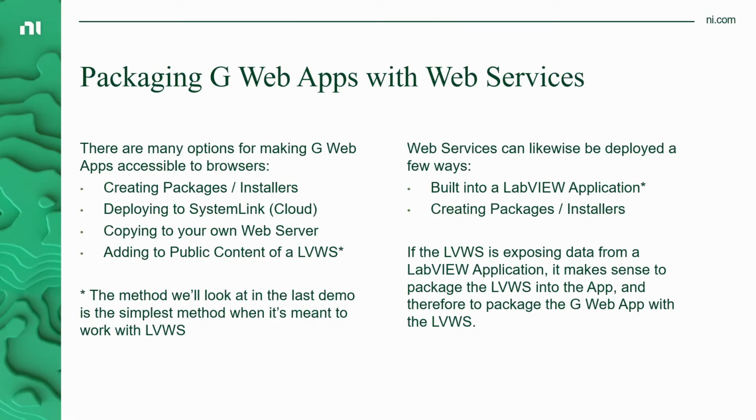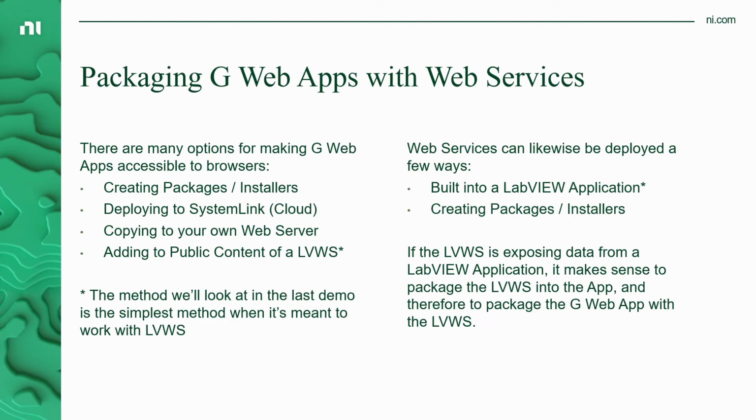With the previous demos, we've seen how we can easily run web services from the LabVIEW project and run G Web applications within the G Web editor, as well as test the web service endpoints from a browser directly. However, we can generate actual built applications that will run our web services for us, and we can even package our G Web applications with those.